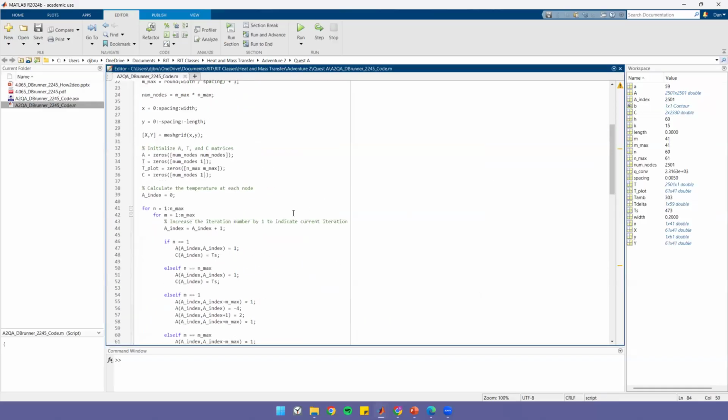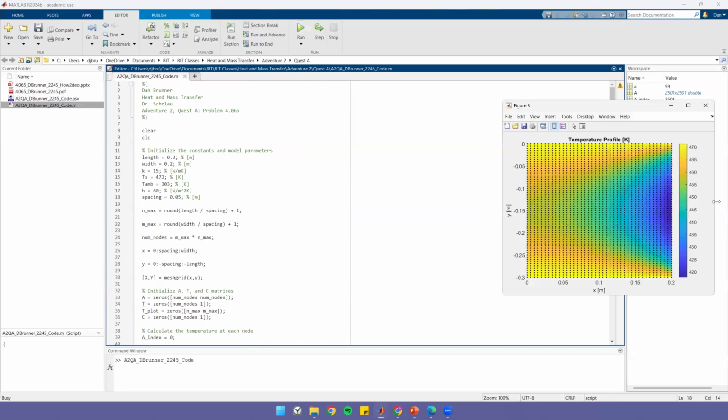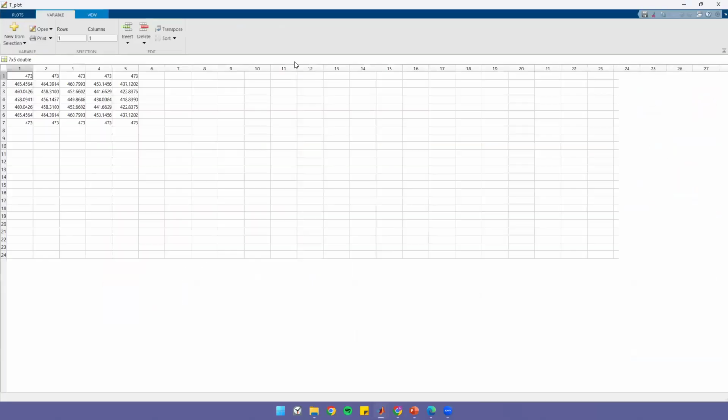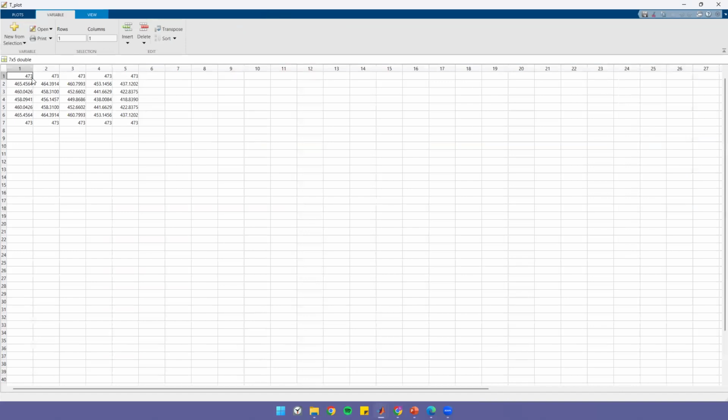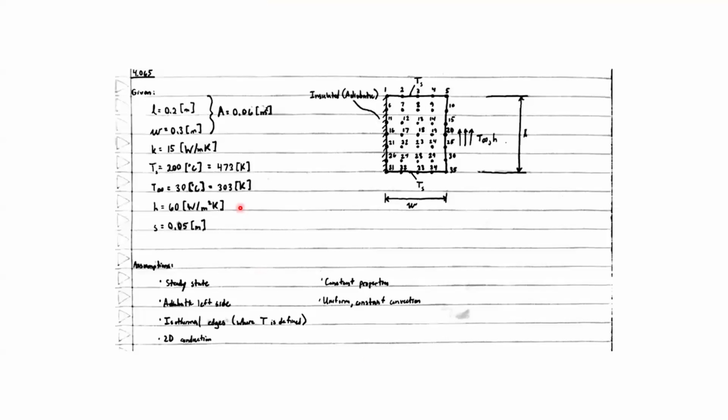And so just one more thing, when I go back to the proper spacing, I'll show you that temperature profile. You can see here those values in Kelvin, which are correct. And so that is how you solve problem 4.065.